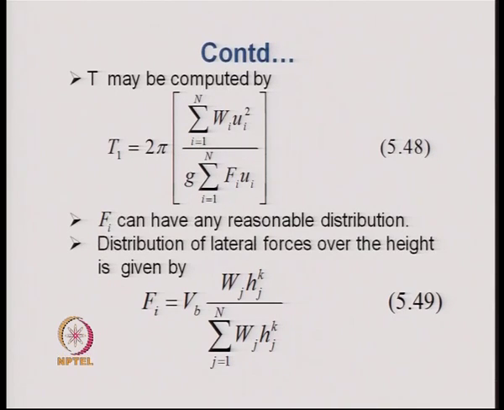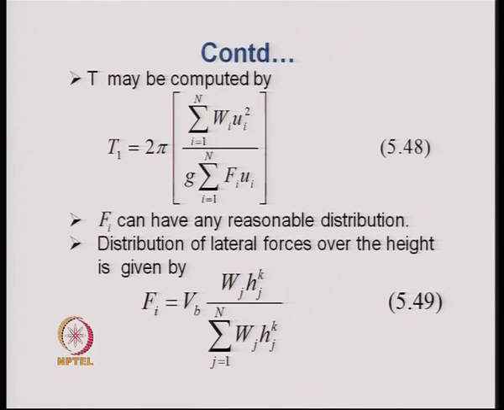Here Wi indicates the floor weights, and Fi is an arbitrary load distributed along the height, but this distribution should be reasonable.